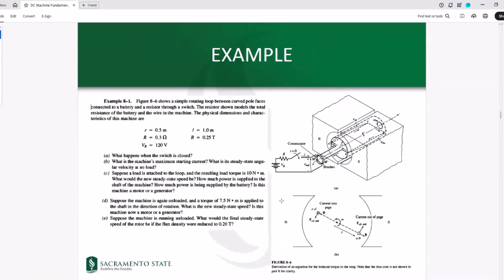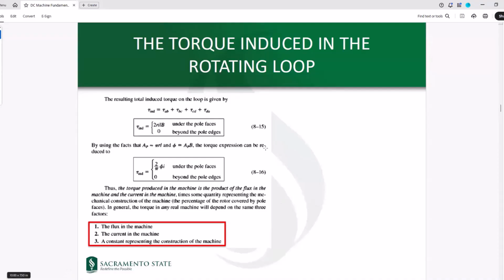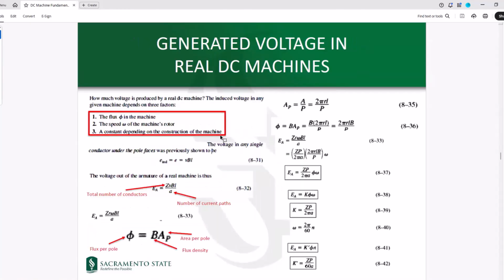The same concept exists for the torque. Torque is also dependent on the flux per pole, and instead of omega, it depends on the current inside the armature, with the same constant that you saw for the voltage. Then we went over what happens if you have a collection of these conductor loops or coils.